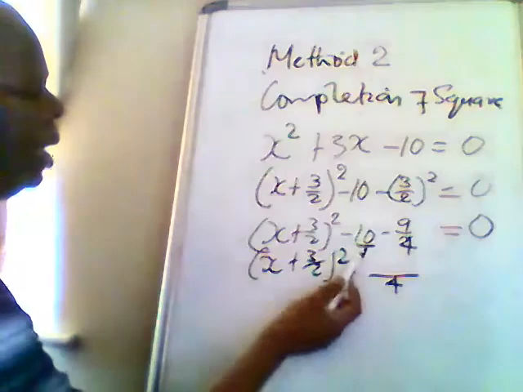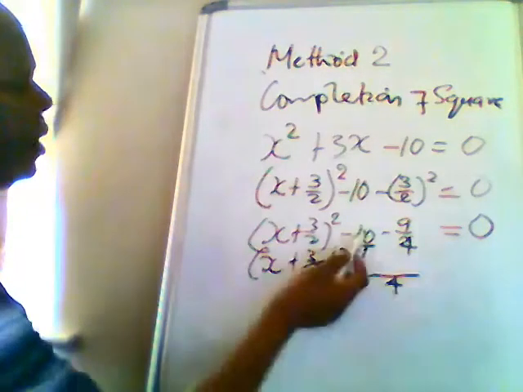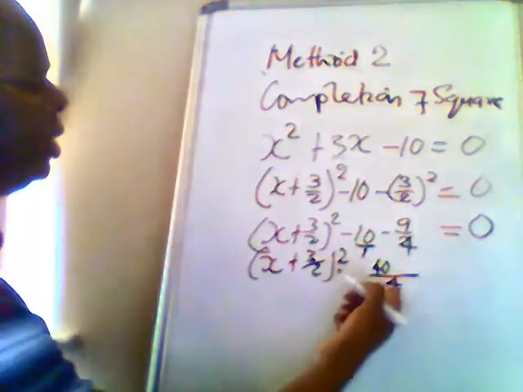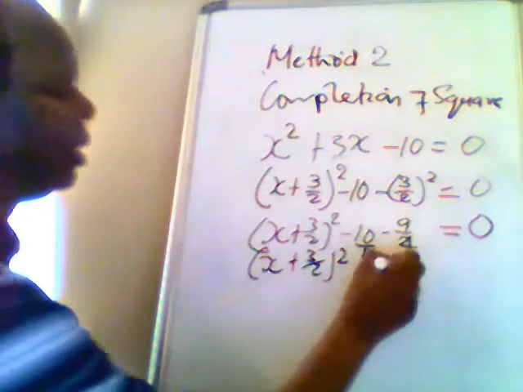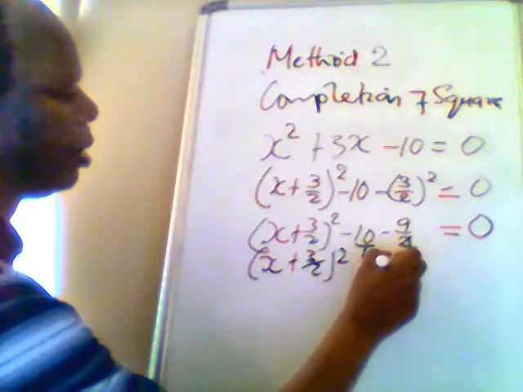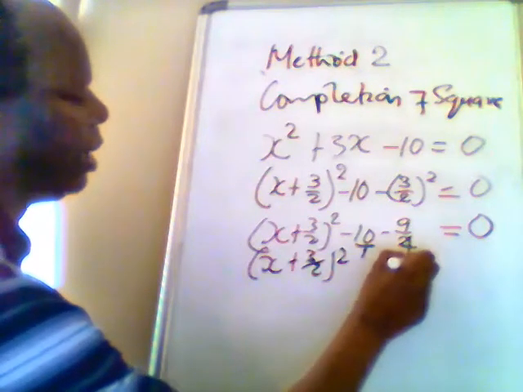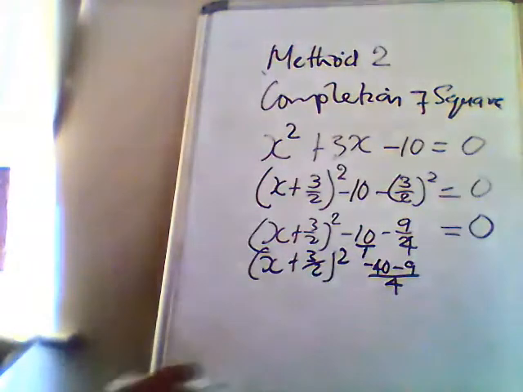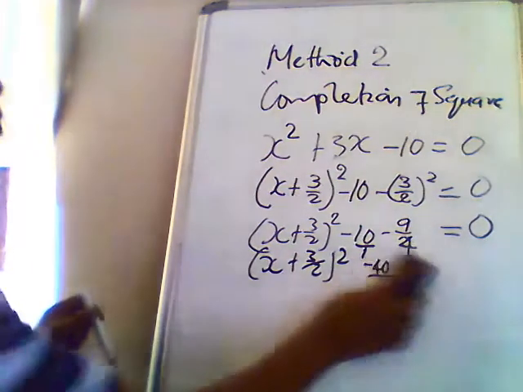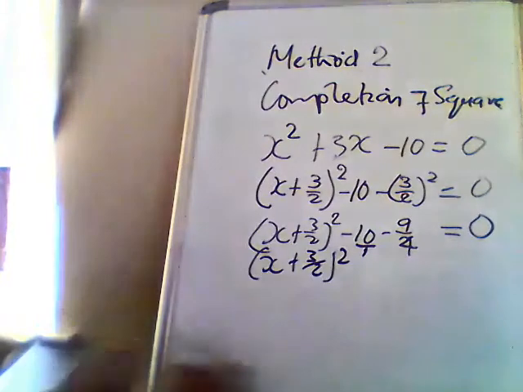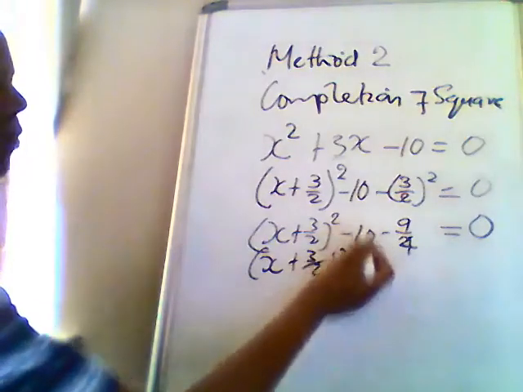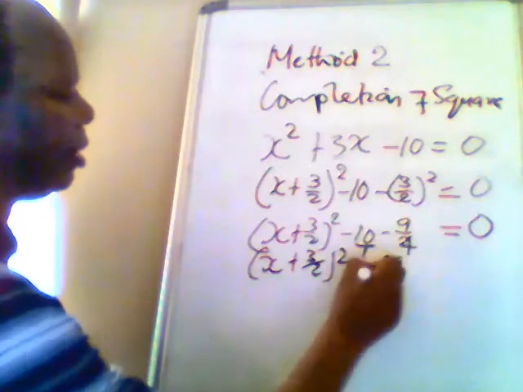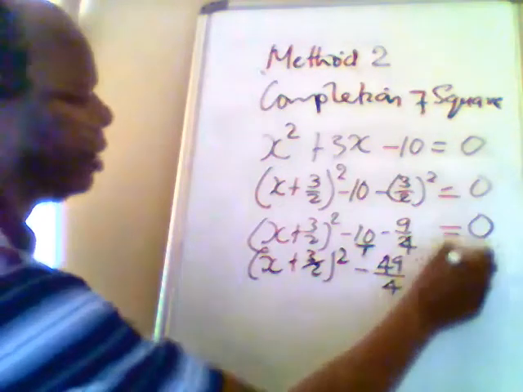So 4 times 10 is going to be 40, and 4 into 4 is 1, times 9 is 9, so it's minus 9. So we have minus 40 minus 9, which will give us minus 49 over 4. The other way is to multiply the top by 4 and the bottom by 4. So I have minus 49 over 4 equals 0.